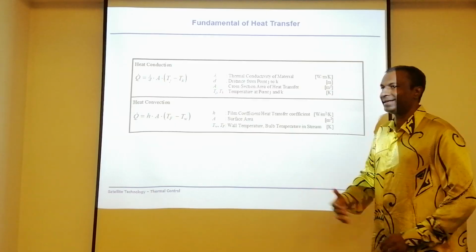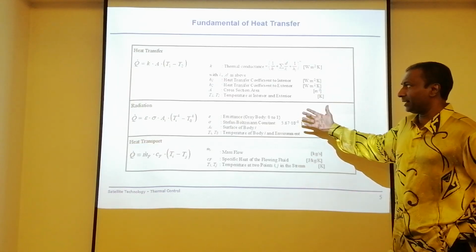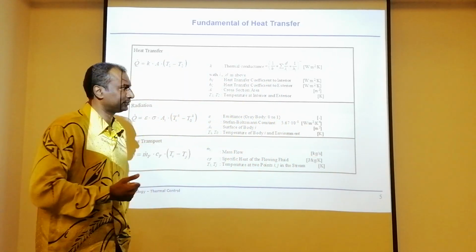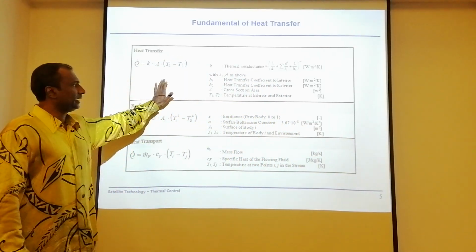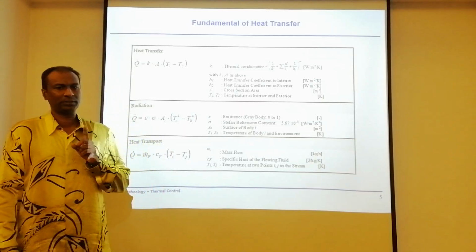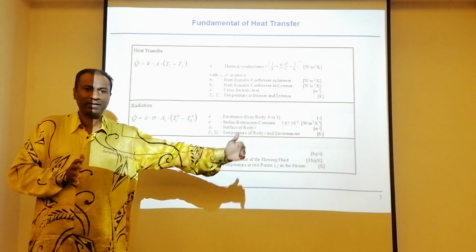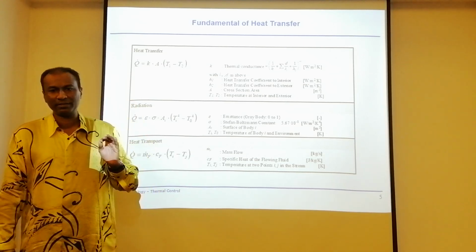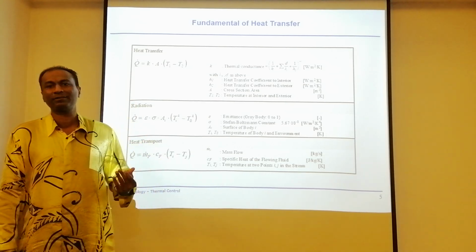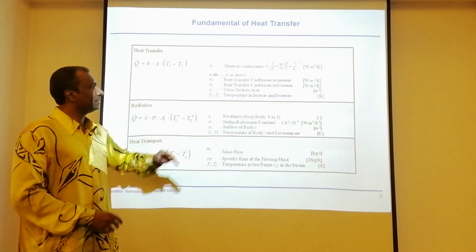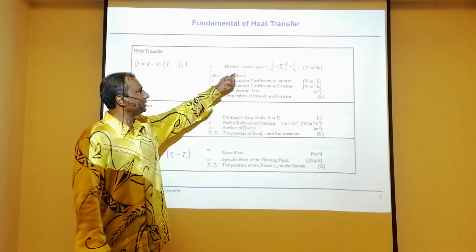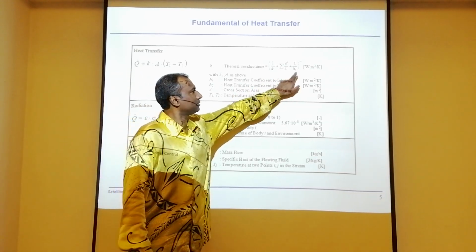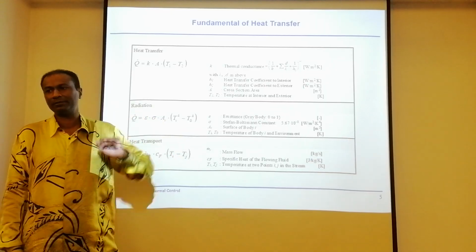And from here, we can extend to heat transfer. So what is heat transfer? Simply, if I have not only one material but multiple materials, technically the formula that we have used for a single material can also be extended to multiple materials just by redefining the thermal conductance with different kinds of materials.